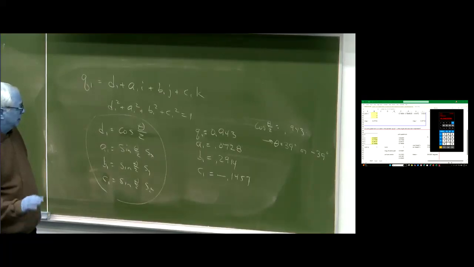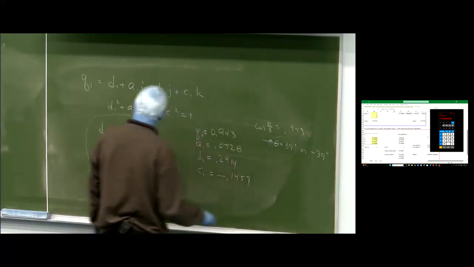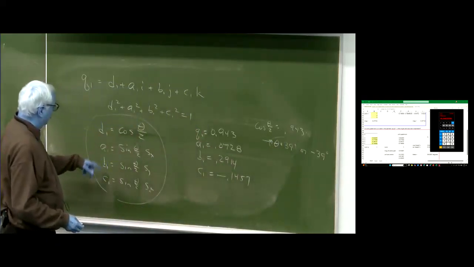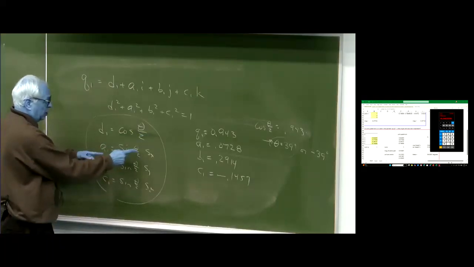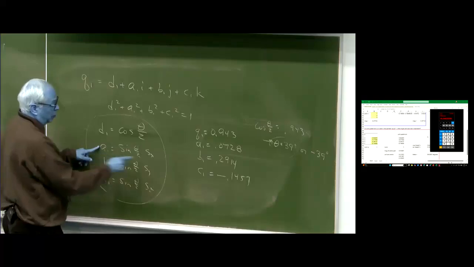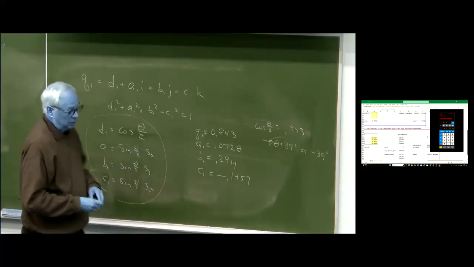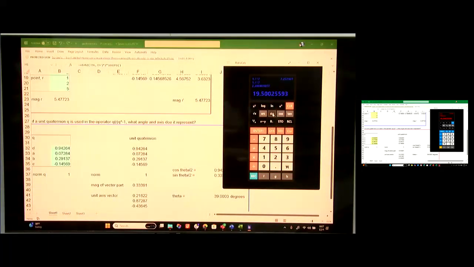So I'm a little nervous now because we're going to go ahead and take, if it was 39 degrees, we're going to go ahead and solve for Sx. Oh yeah, so if it was 39 degrees, I'm going to put the sine of 19.5, and I'm going to divide the A1 by that value. Oh, okay. So we go to the calculator. So we're going to do the sine of 19.5.